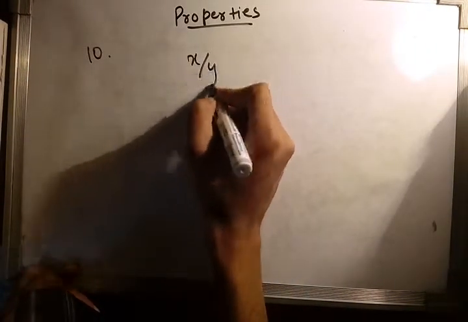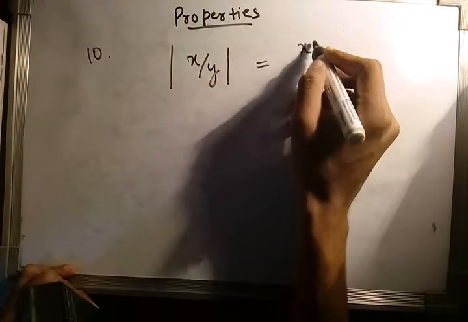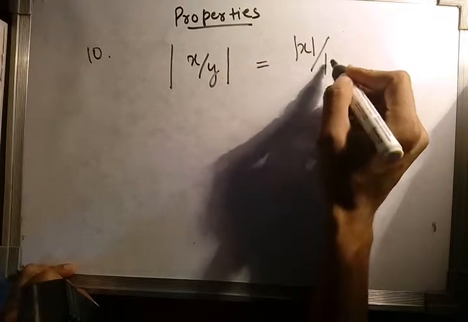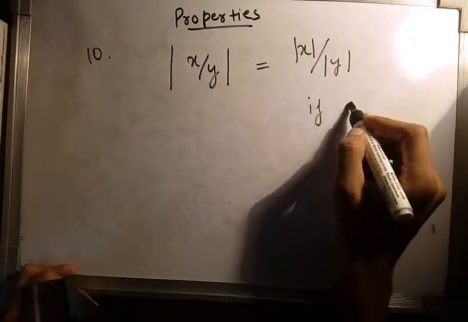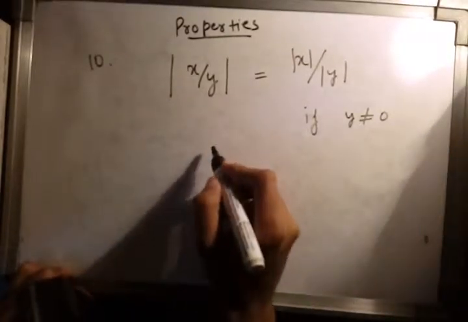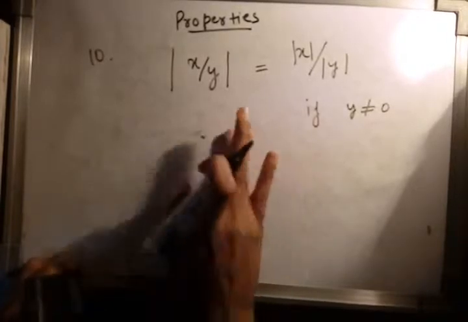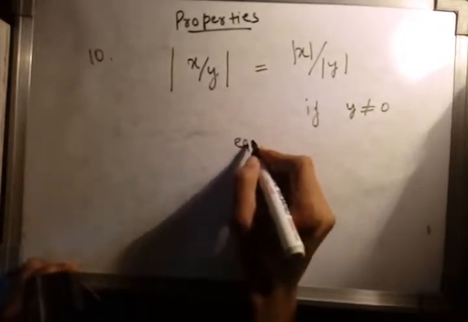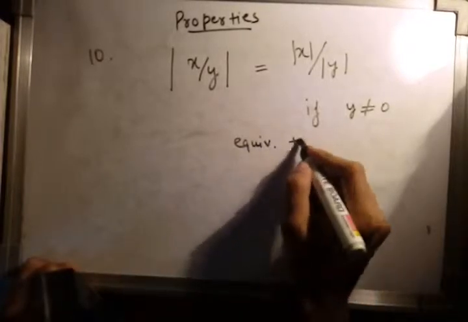|x/y|, the modulus of the whole, is equal to |x| divided by |y|, given that y is not equal to 0. This is called equivalent to multiplicativeness.